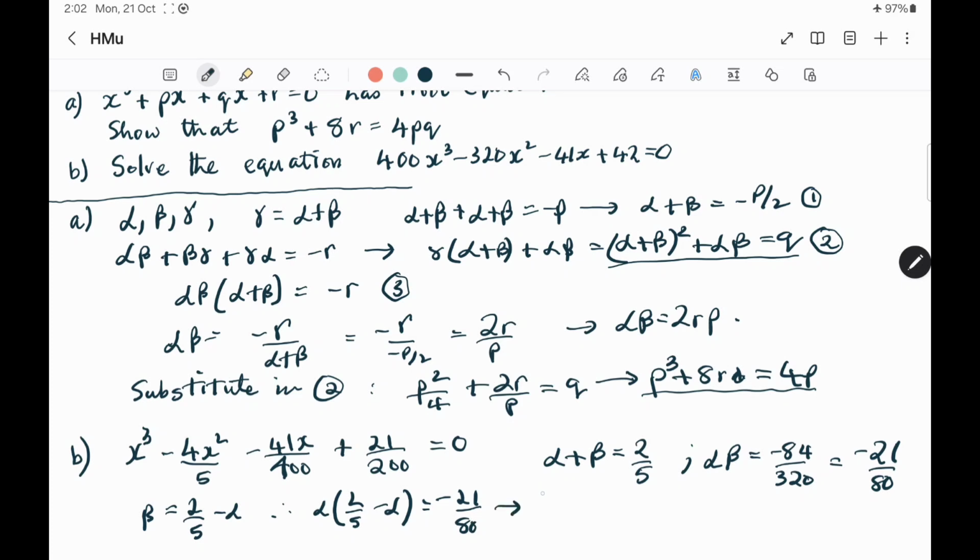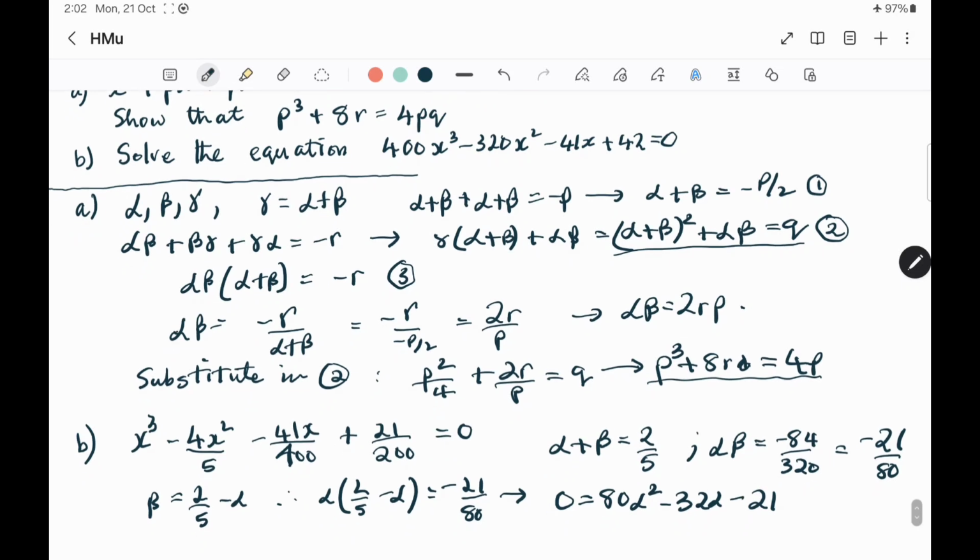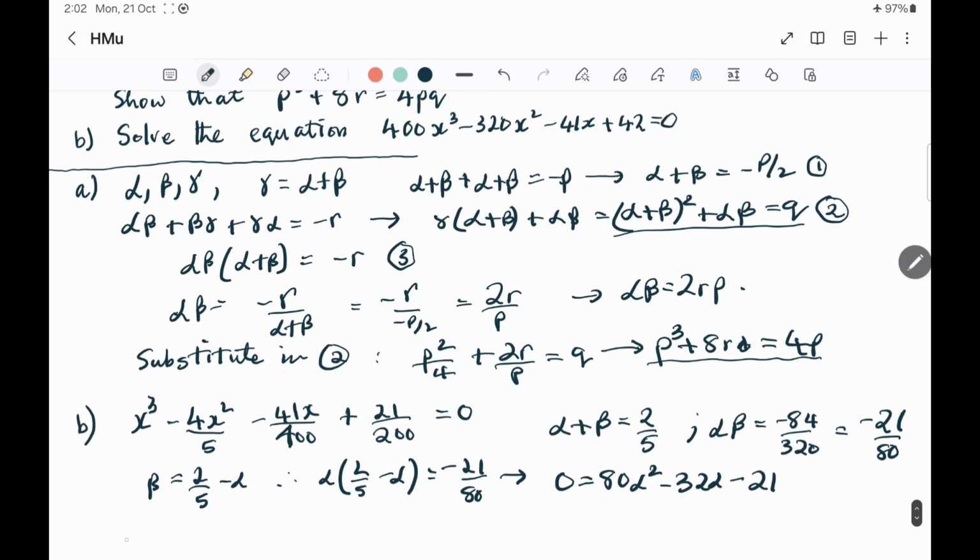which means that when we simplify all of that, what we will get is 0 equals 80 alpha squared minus 32 alpha minus 21, which factorizes to 4 alpha minus 3 times 20 alpha plus 7 equals 0, giving the following roots.